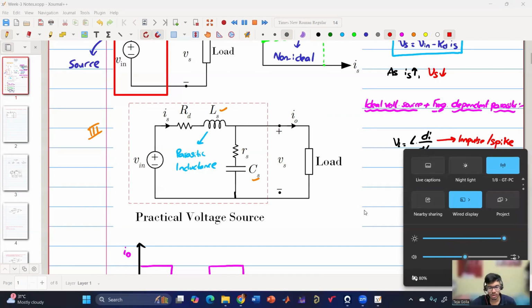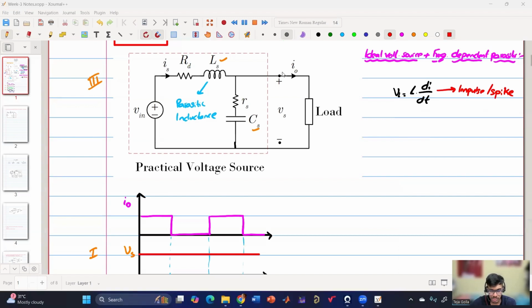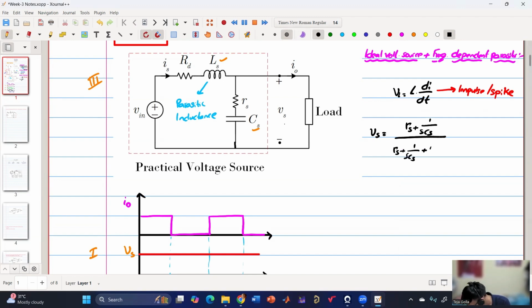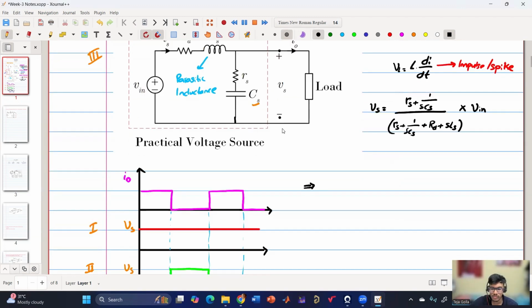Okay. So now let us quickly write the expression of Vs. Vs will be nothing but (Rs plus 1 by SCs) by (Rs plus 1 by SCs plus Rd plus SLs), everything into Vn. Agree? Everyone? Yes.